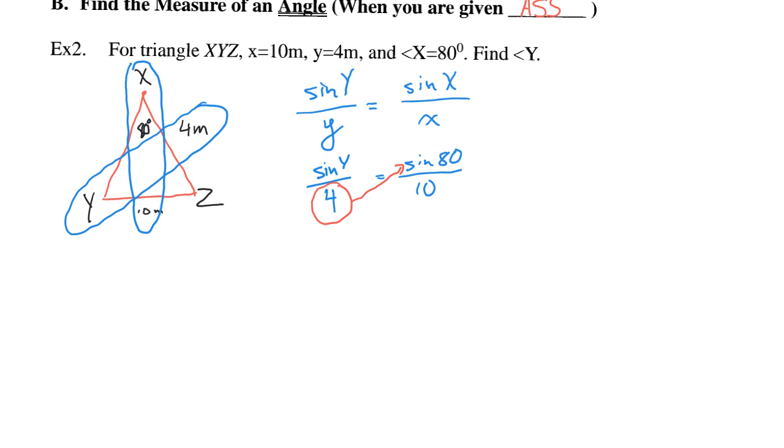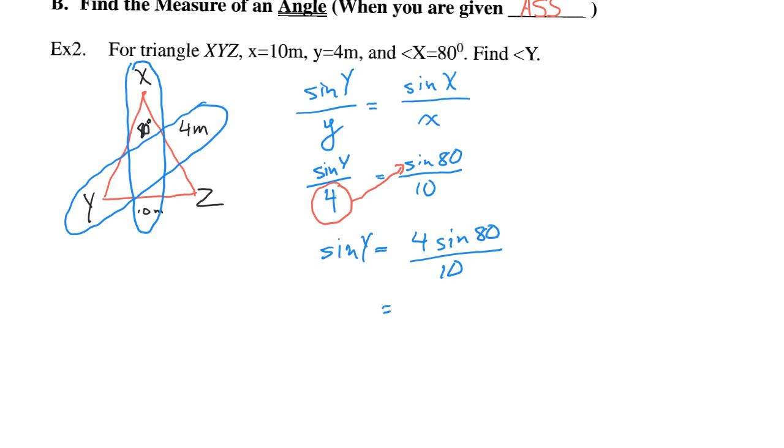So now you've got sine of Y is equal to 4 times sine of 80 divided by 10. Once I calculate this, we're going to have a decimal. So we go 4 times sine of 80 divided by 10. Just use your calculator and punch it in.